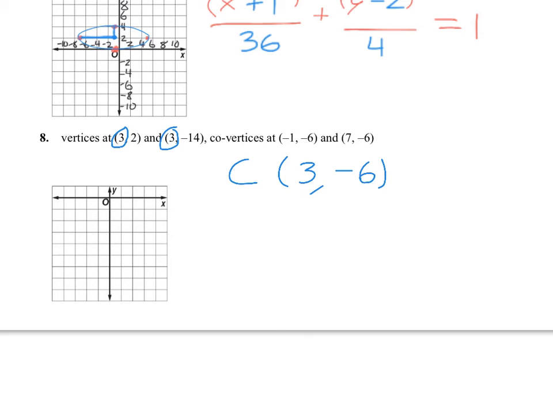So the vertices are always the major axis. Look at these points on the major axis. Are those points side by side, or are they on top of each other? So if you need to graph it to figure it out, you can, but those points are on top of each other. So that makes this a vertical ellipse.